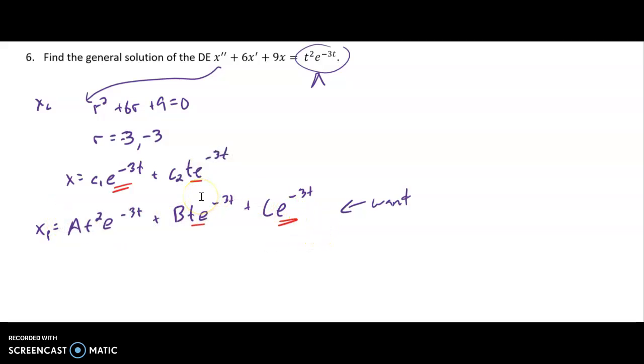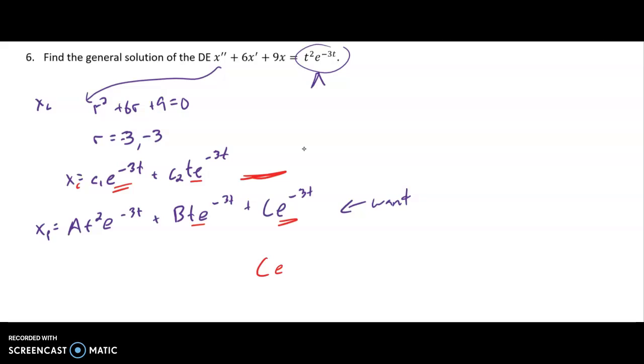This is called a duplicated root, when I have the same thing show up here as what shows up from the xc equation. So in order to deal with that, you can think about this as a no t, this is a t. Whatever would come next over here on the xc is where I start.